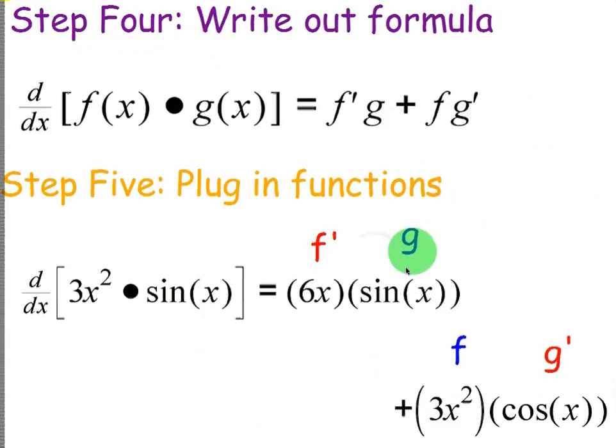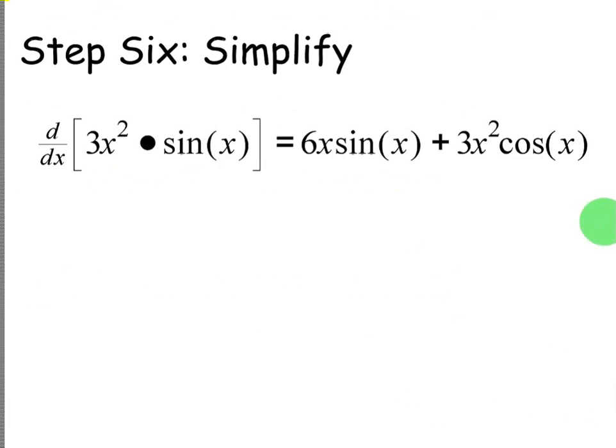Once we do that, we just simplify. In this particular example, there's really nothing to simplify. So our final answer is 6x sine of x plus 3x squared times cosine of x. That was the derivative of what we were originally given, 3x squared times sine of x.